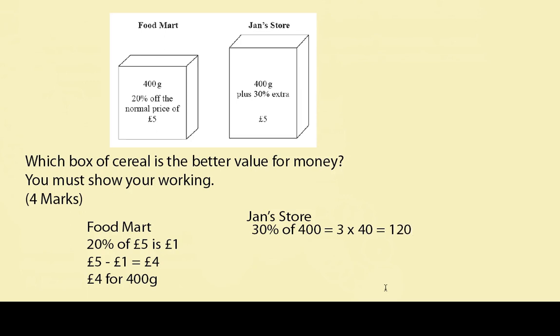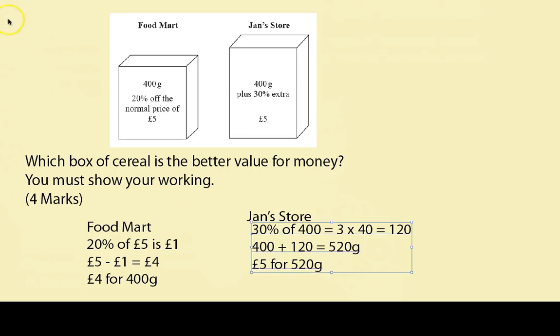So Jan's store is giving 120 grams on top of the 400 grams that's already in the pack. So that's going to be 400 plus 120 gives us 520 grams. So Jan's store, the deal is you pay £5 and you get 520 grams.